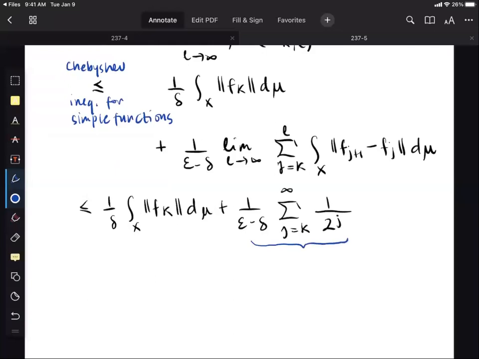This tail would converge to 0 as k goes to infinity. And this one tends to the integral, and we have seen this a while ago, of the norm of f as k goes to infinity.